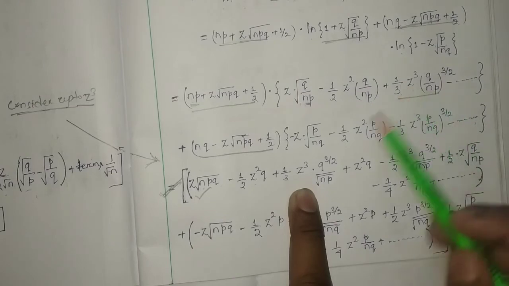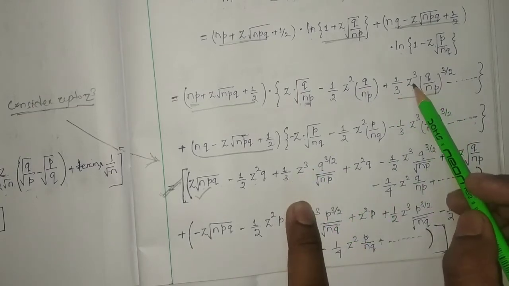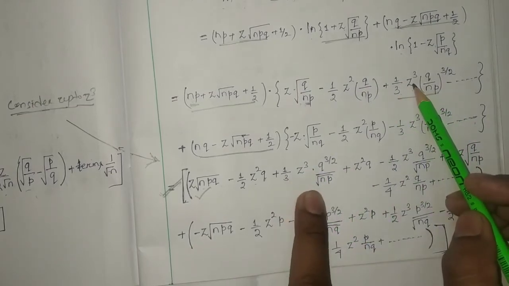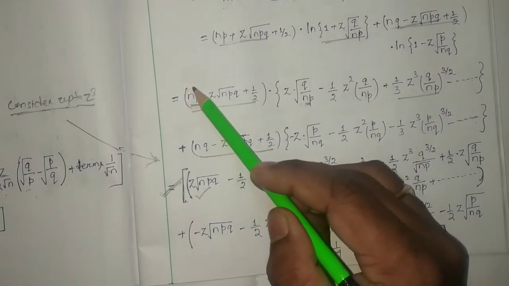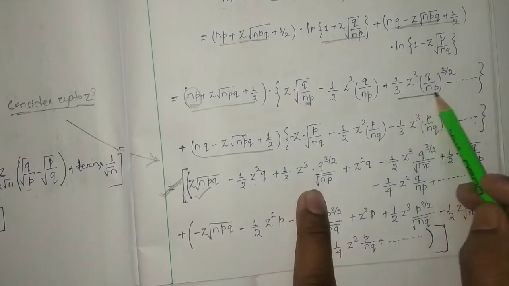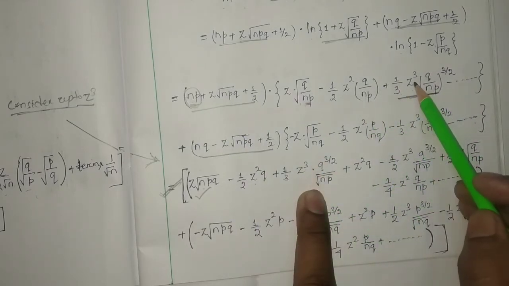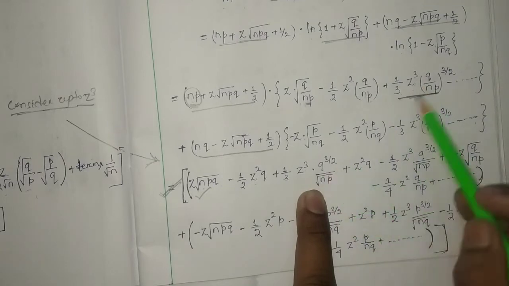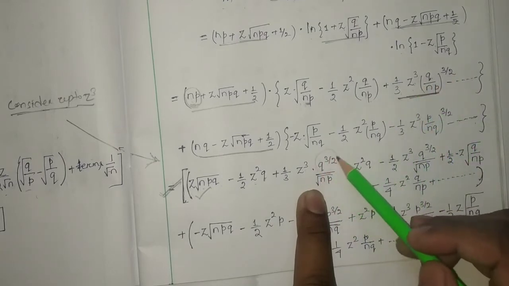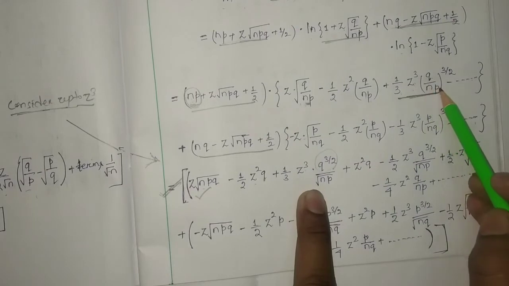This np is going to be multiplied with this term, how much are we going to get? 1 by 3 z cube, and here you can see q to the power 3 by 2, and np to the power minus 3 by 2.